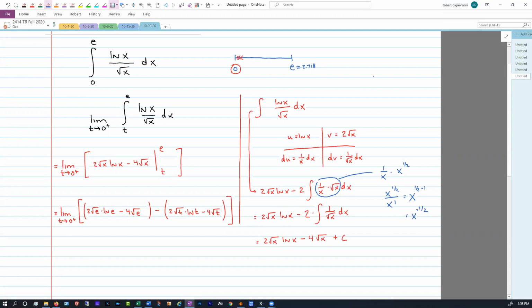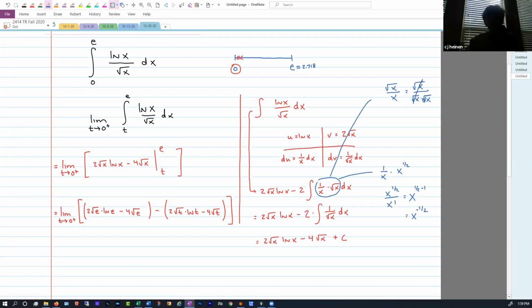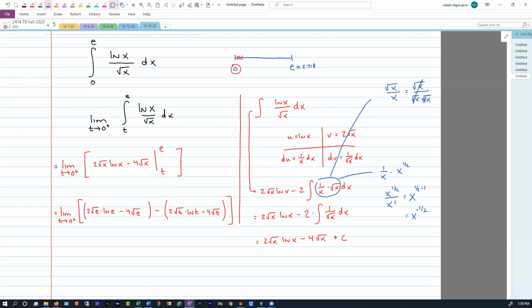I like to look at it this way. It's really like square root of x on top and x on the bottom. And I like to think of the bottom as being root x times root x. Root x times root x is x. And then I just cancel one of the root x's. I see. They're different paths, different sorts of algebra, but they should all get you to the same thing.